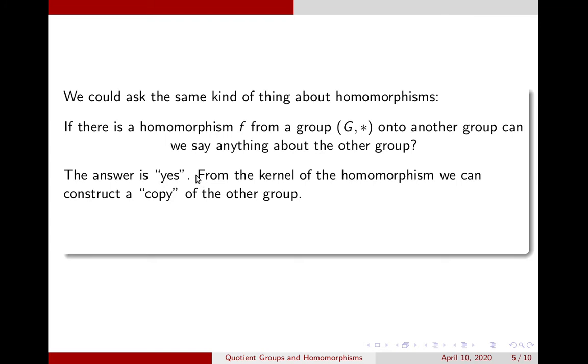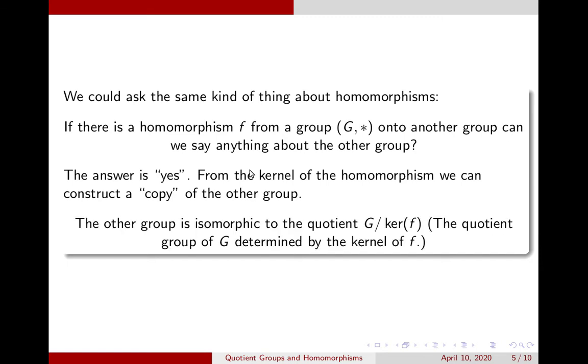If you know the kernel of the homomorphism, then you can construct a copy of the other group. So if you know the kernel of the homomorphism, then you really know everything there is to know about the other group. The other group will be isomorphic to the quotient group, G over the kernel of F.